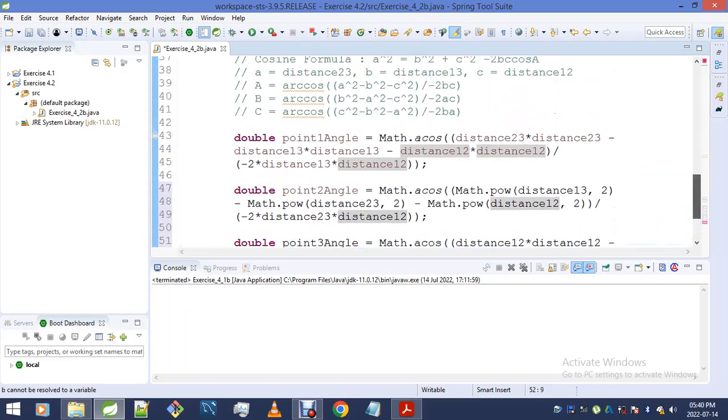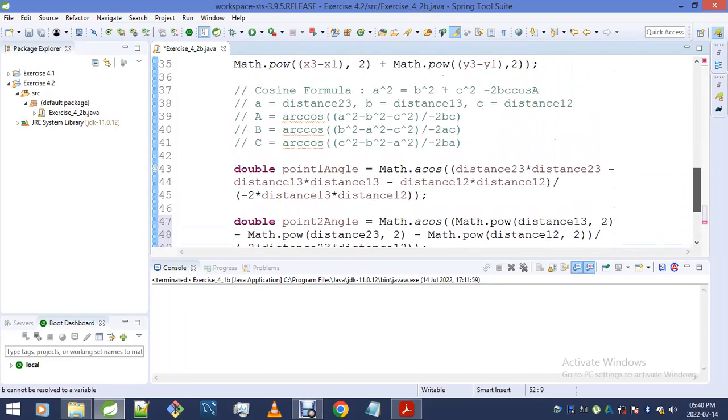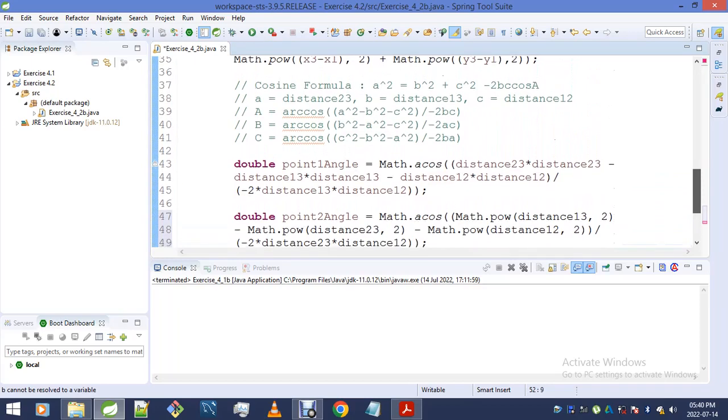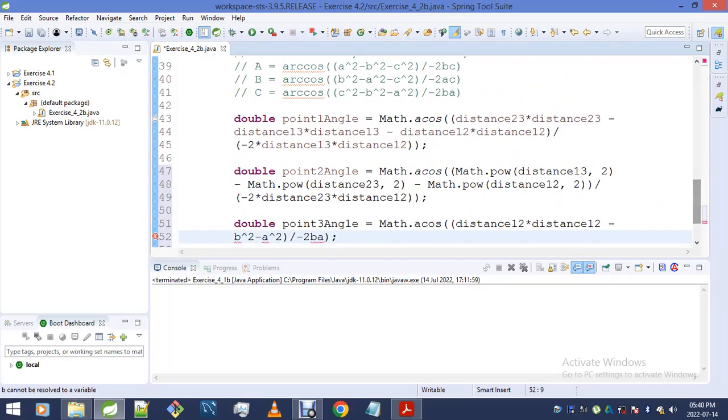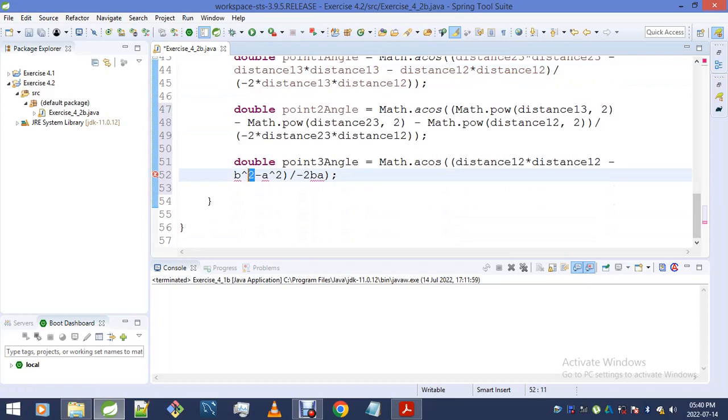As for my b squared, where is it? B squared is distance 1, 3 times distance 1, 3. Okay, let me copy that, paste it again.